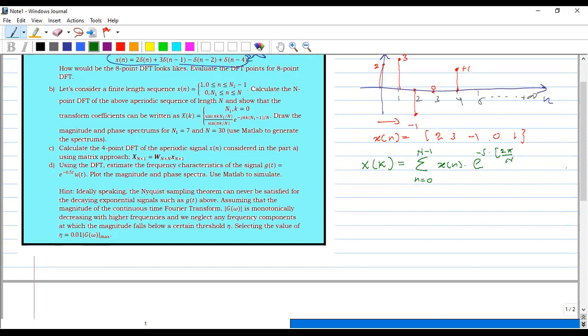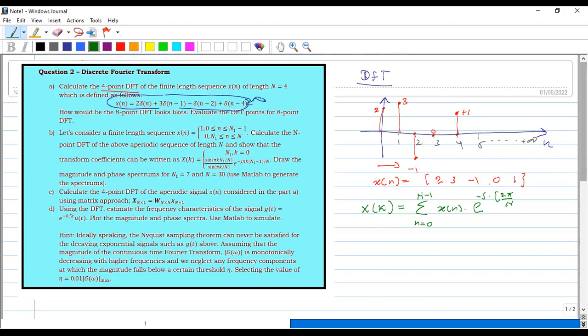Here it says that we have to find the 4-point DFT, so N should be 4. This term will be equal to omega, actually, and k is normally from 0, 1, 2, 3, and so on up to N minus 1.